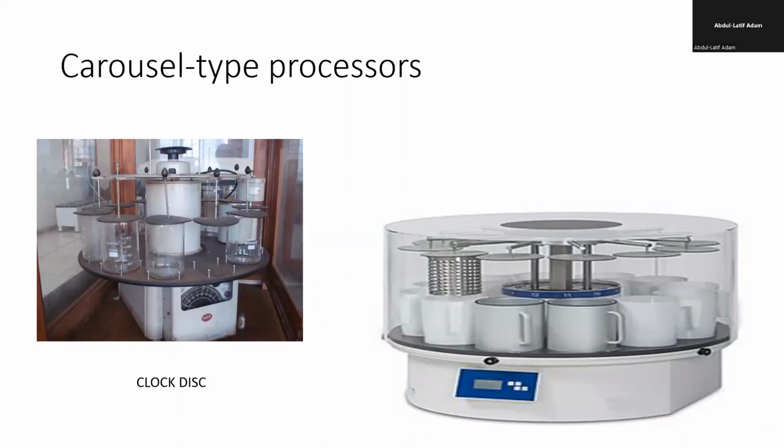Container 2, container 3, up to the 12th container, which is the embedding, the infiltrating medium. And so that will be for program 1. Then you also do another program for program 2. If you have a tissue you want to process and it is tiny, and the timing for the tiny biopsy is in program 1, you just click program 1 and enter, and then it will run.